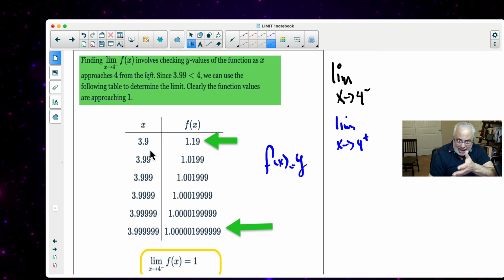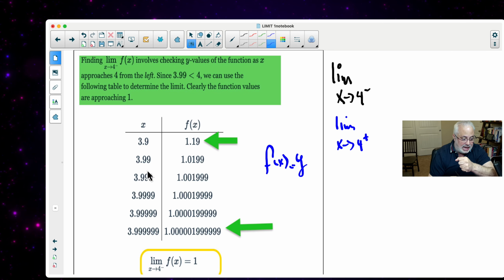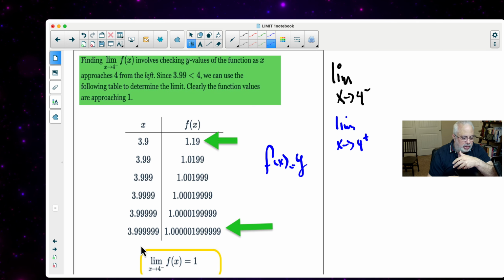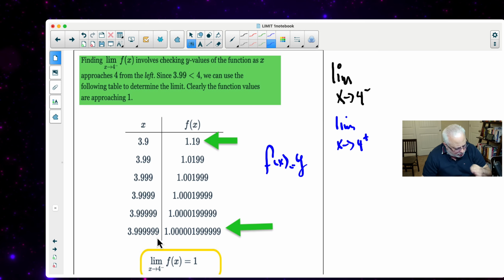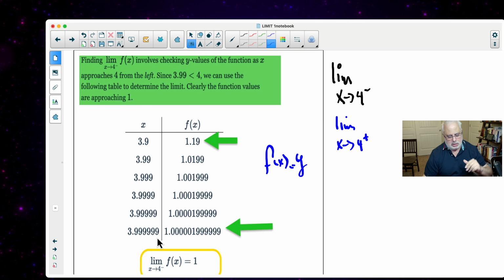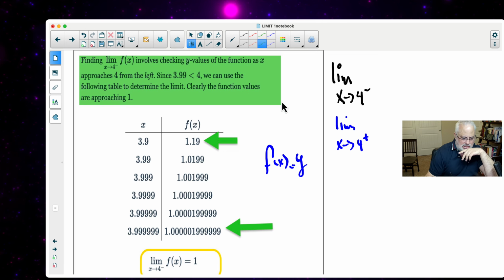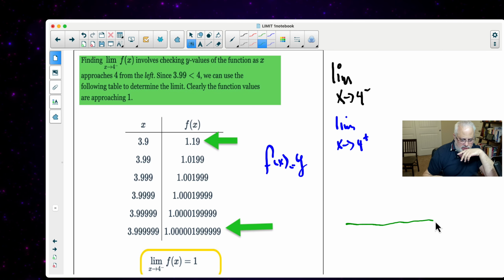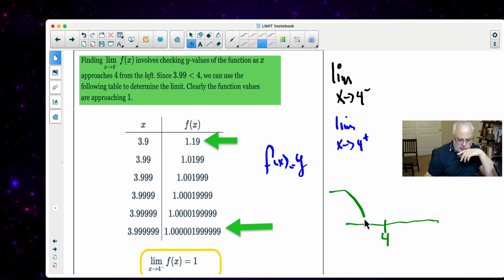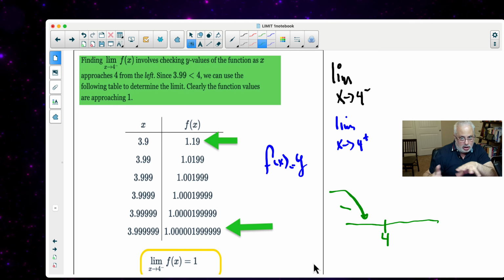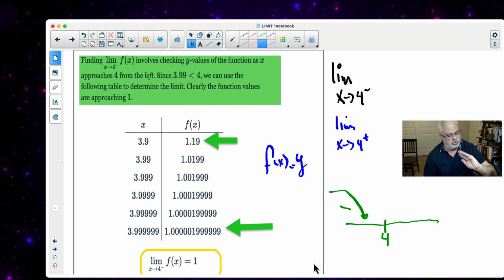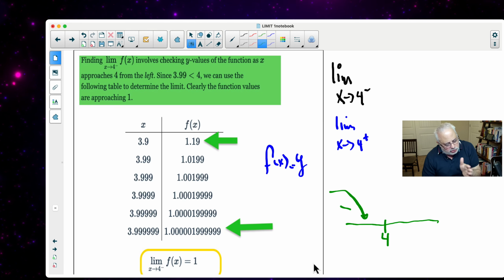We have 3.9, we have 3.99999, and we have 3.1234569. That means that we are approaching 4 from the left. So keep in mind the number system. We have 4 right here, and we are approaching 4 from the left. That doesn't mean that we're going to use negative numbers. It's just approaching the numbers closer to 4.